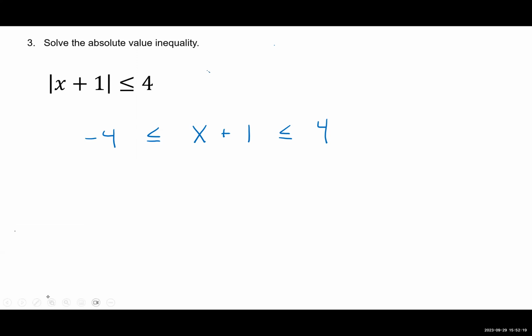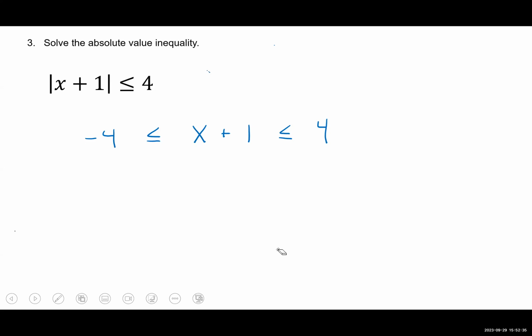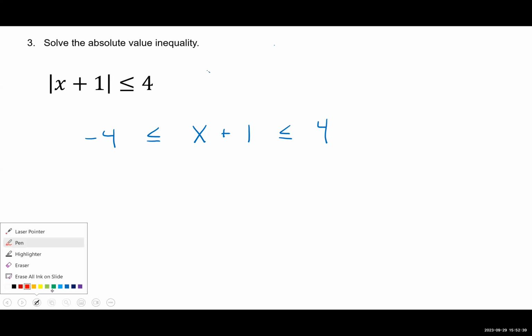Let me go back one slide. That's the whole point of what we did here and here. And this is how we remove the absolute value symbol from the inequality. Okay, so this one is pretty easy in terms of it's only a one-step problem. We have to subtract 1 from both sides.